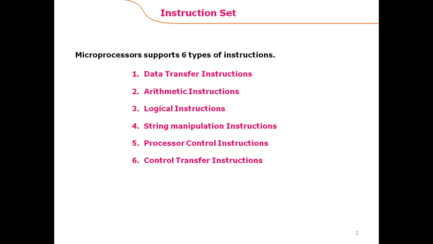For example, to set the carry flag there is an instruction STC, and to clear it there is CLC. There are also instructions to set or clear the direction flag, and many other similar instructions. And finally, there are control transfer instructions. These instructions are responsible for transferring the control flow from one location inside the program to another. For example, jump and call instructions are in this category.